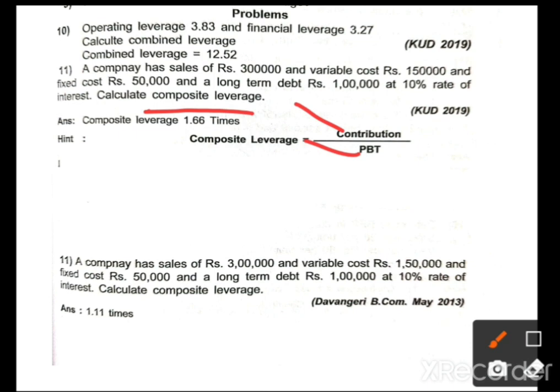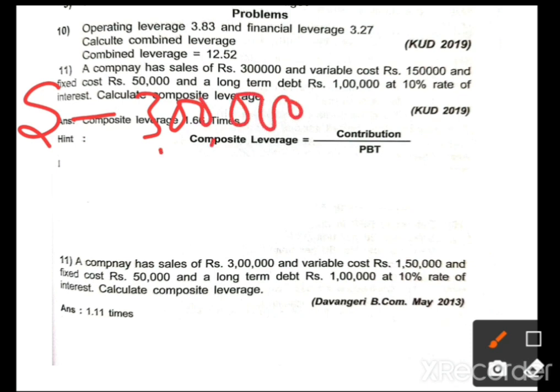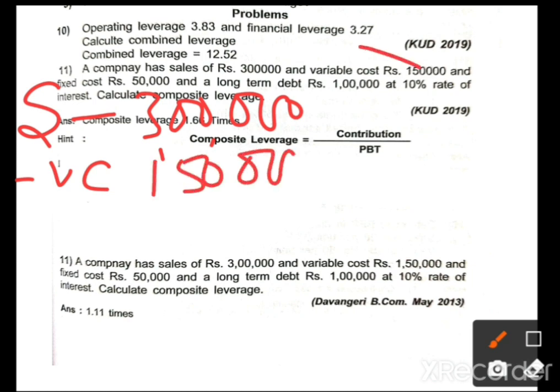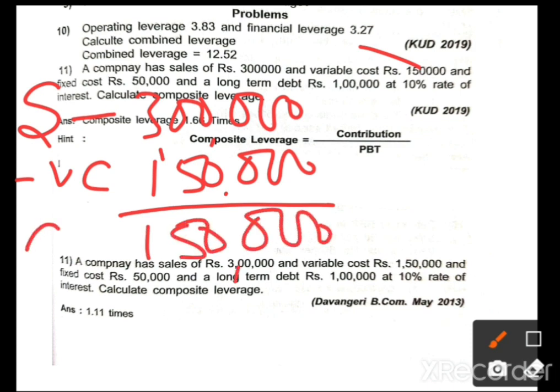So working note, calculation of leverages. First we have to take sales. Sales is given in the problem, rupees 3 lakh. Less variable cost, the variable cost is given in the problem, rupees 1,50,000. So we will get 1,50,000. This is contribution. In that contribution, we have to minus fixed cost. The fixed cost is given in the problem, rupees 50,000.